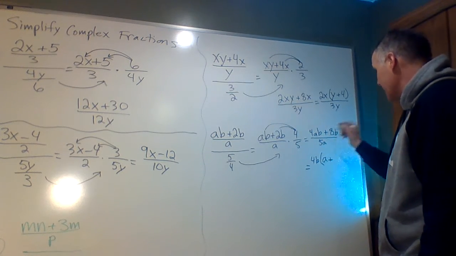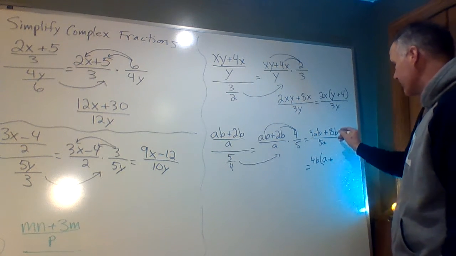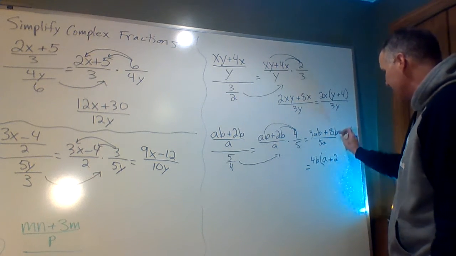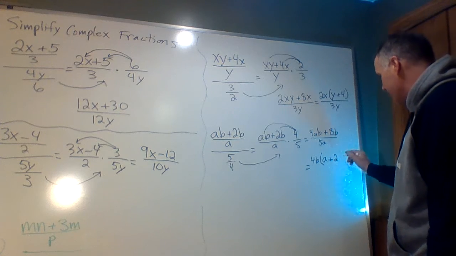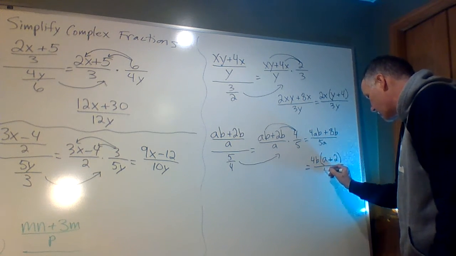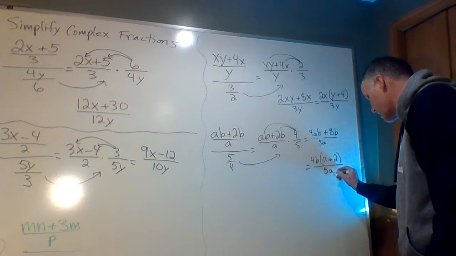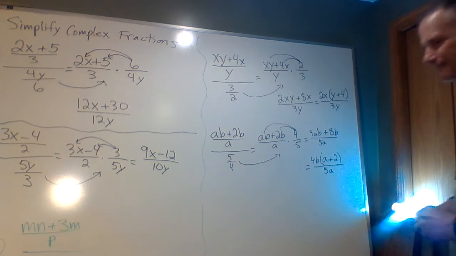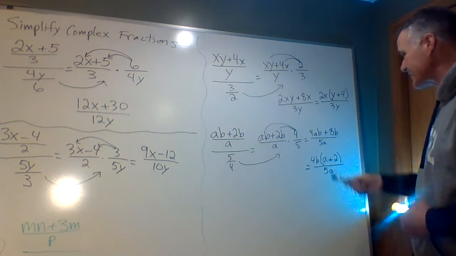Plus, again, the plus sign stays. 4 divided out of 8 leaves a 2. The B goes away because I'm dividing by that B. And that is actually going to be the factor, the undistribute in the numerator. And that is actually the answer right there. I know that's a lot, but that's the steps.